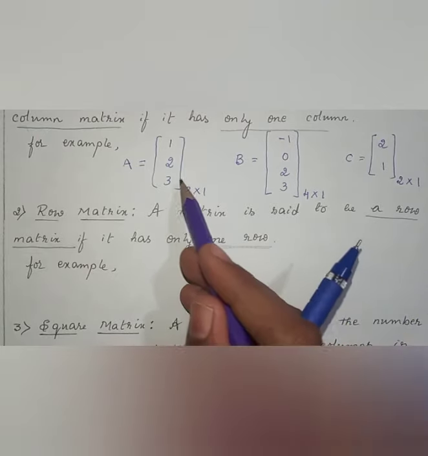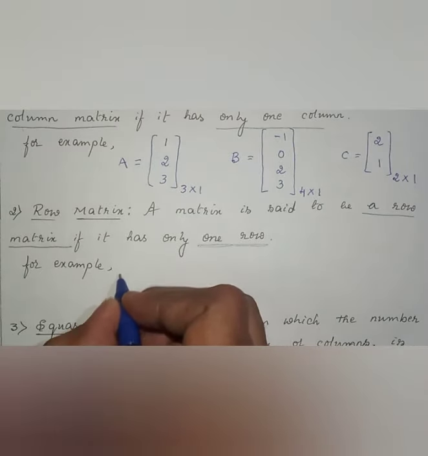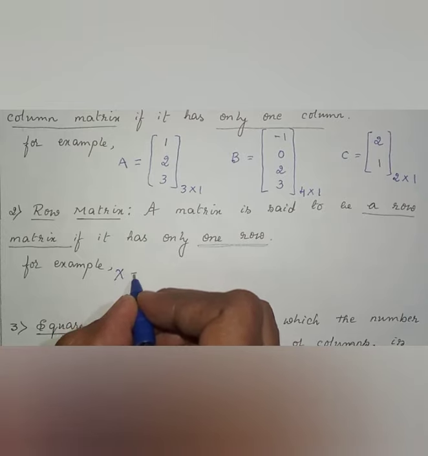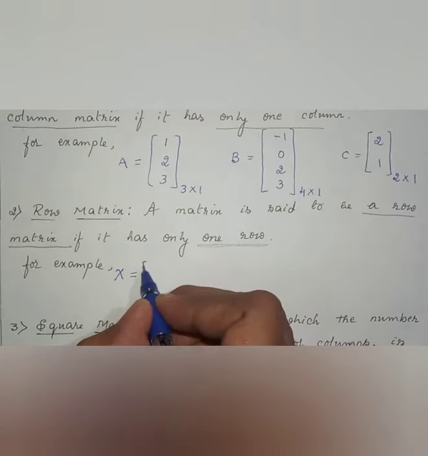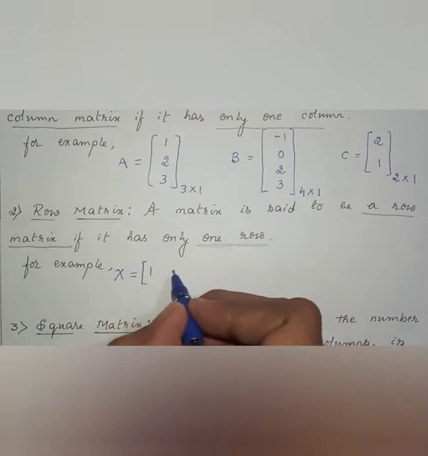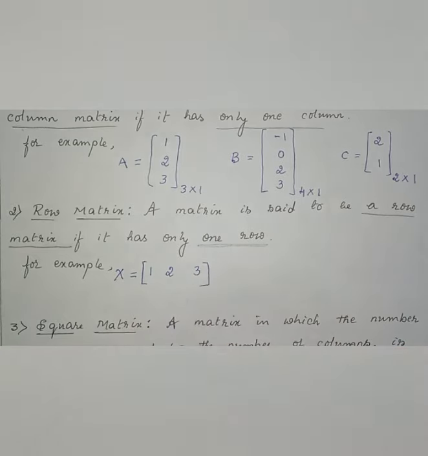This is the opposite of the column matrix. For example, I'll take the matrix as X. Any matrix is represented by a capital letter, any letter. So X is the matrix 1, 2, 3. This is an example for a row matrix.